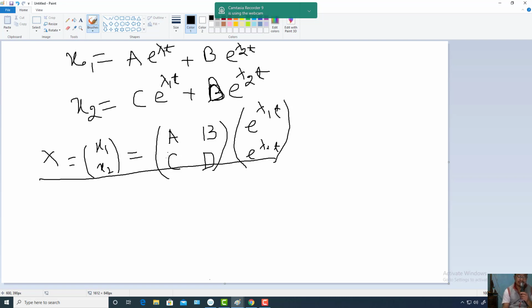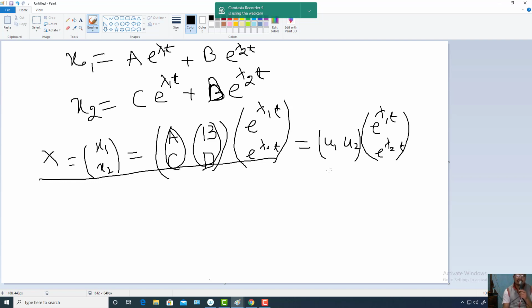Again, if you put this a, c column matrix as u1, and this as u2, then you can write e to the power lambda 1 t here and e to the power lambda 2 t here.